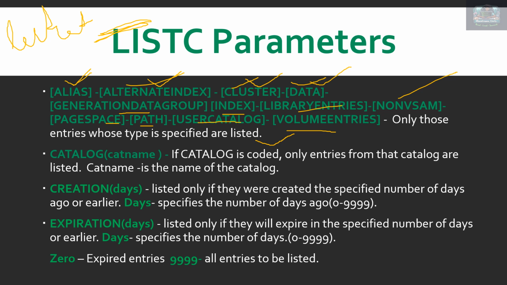You have to give this GDG index, meaning you have to specify that information. If you need the volume entries, only then you give the word volume entries, and only then will those volume entries be listed. Not by just giving an ALL command or by default, these outputs will not be listed. These things are listed only when these parameters are added.